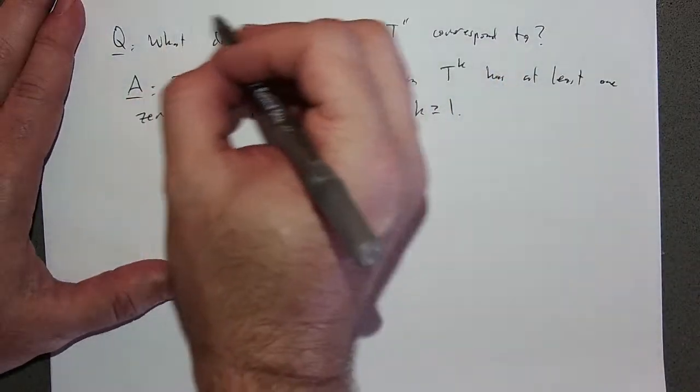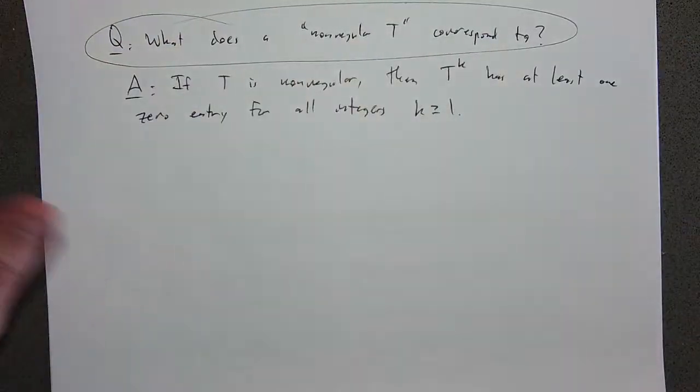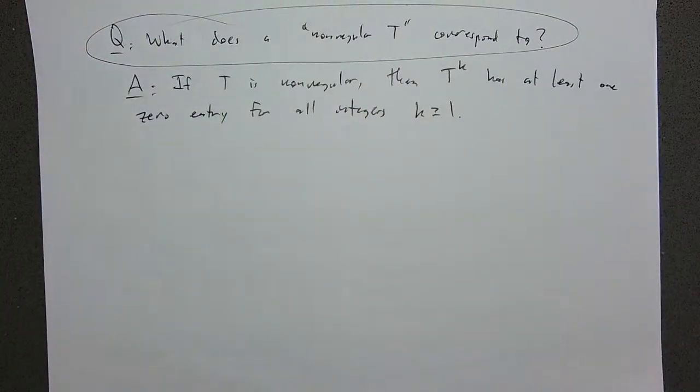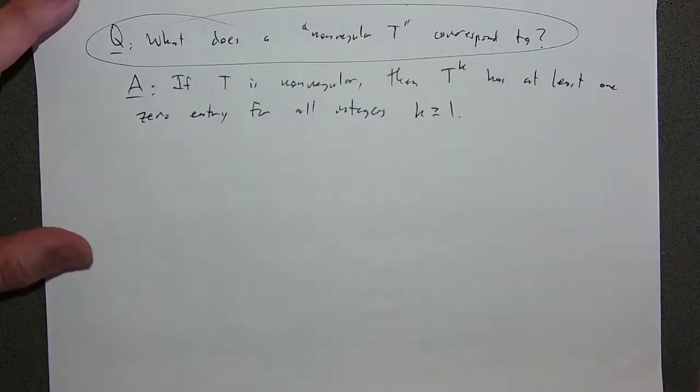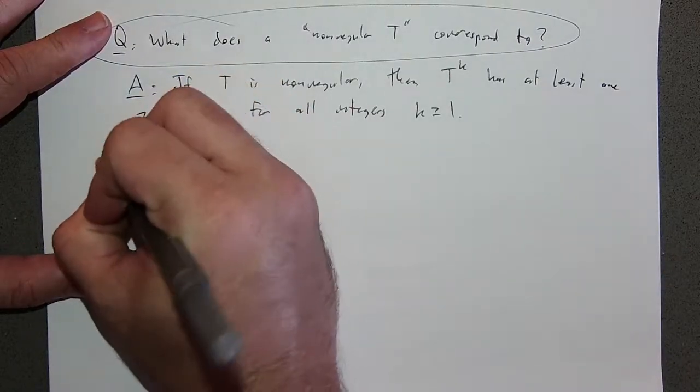But I'm basically just going to ask this question again. What does this actually mean? In order to see this, we need to look at the powers of T and what is going on here.